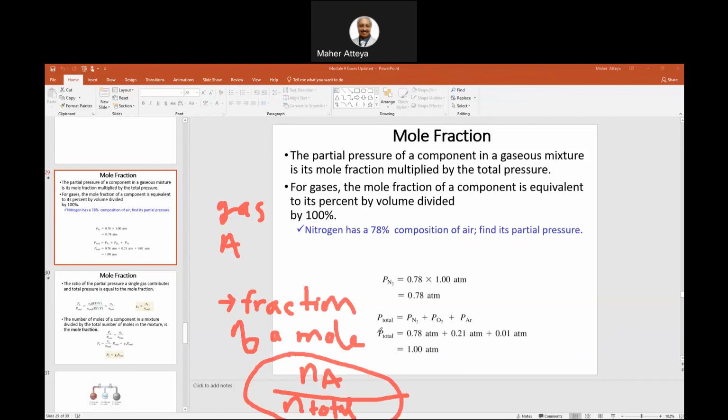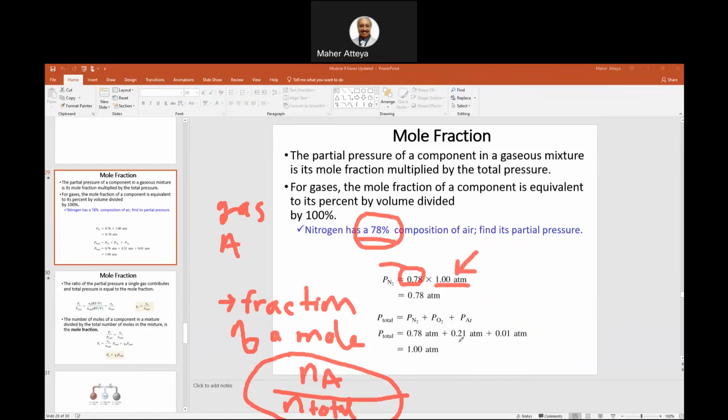So if you have a mixture, like nitrogen is 78% of the composition of air, let's find its partial pressure. You take this percentage and multiply it by 1 atmospheric pressure, assuming that's the air inside. It's 1 atm.